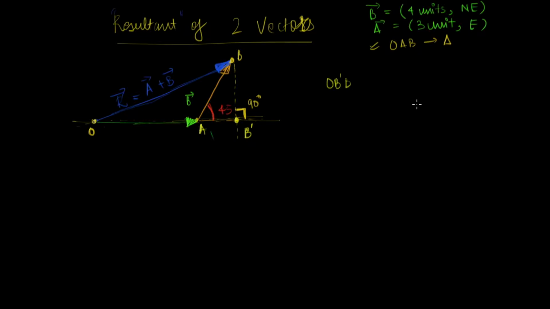Now, OB prime B is a perpendicular triangle, a right angle triangle. And the hypotenuse is R vector, or I could call it R vector's modulus, the magnitude. The base is not A. If this were A vector, the base is not just A, it's the modulus of A with this component, and this component is what we call AB prime.